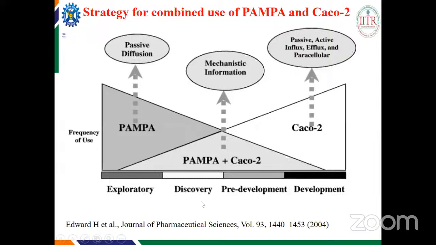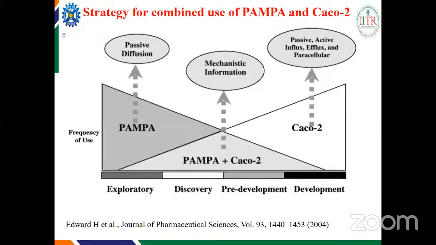So why do we have the different kinds of assays, right? PAMPA we have, Caco-2 we have. What is the advantage of having these different assay systems? The major difference between Caco-2 and PAMPA is that PAMPA is simply an artificial membrane. It doesn't have any kind of active process, right? This is a completely passive process. It means the compound, depending on its lipophilicity, gets permeated through the membrane. Whereas Caco-2 is an intestinal cell based system, where all the processes, paracellular, or you can say active and passive, exist.